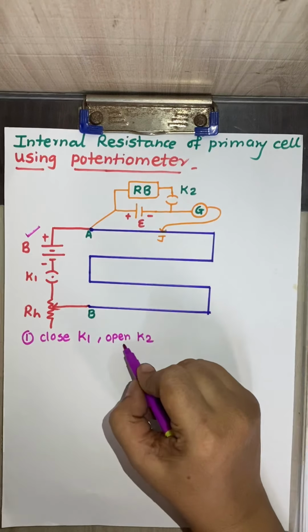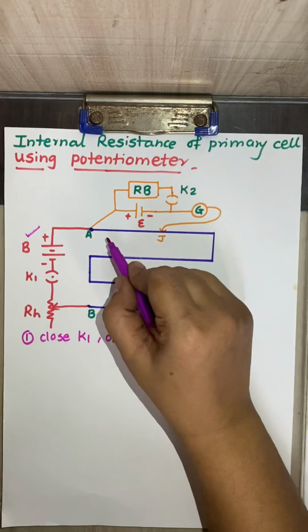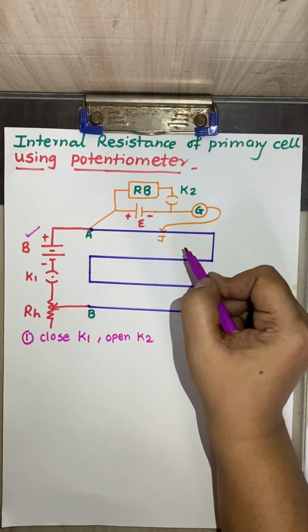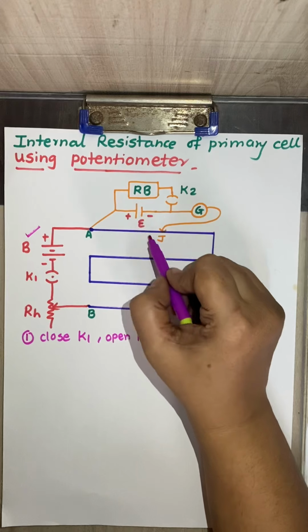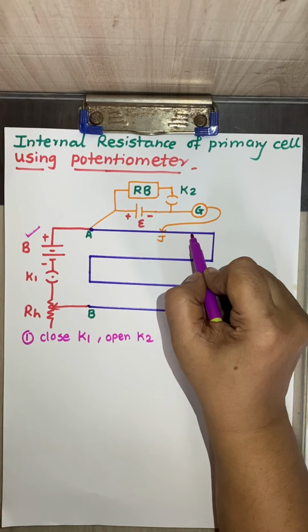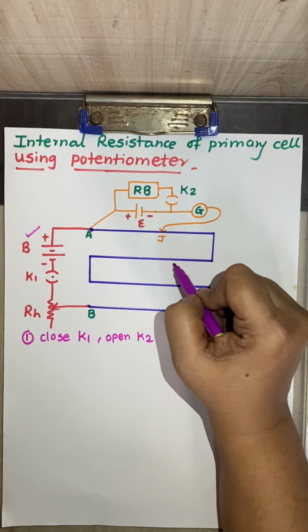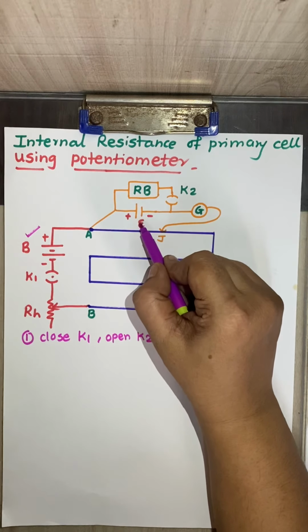With K2 open, we move the jockey along the wire AB till it balances the EMF of the cell. So we get the balancing point or null point at a particular length, which is nothing but the balancing of the EMF of the cell.